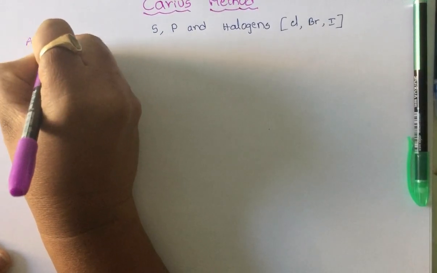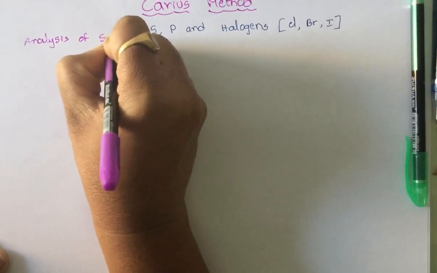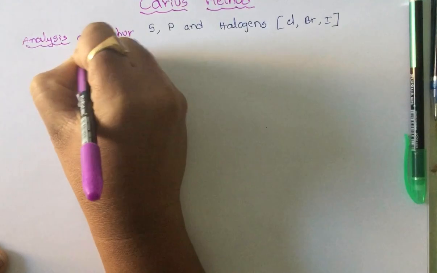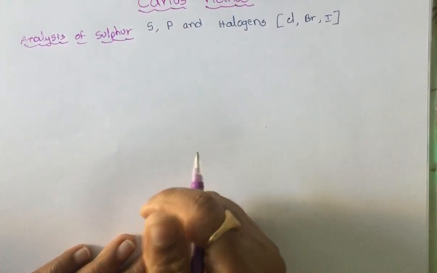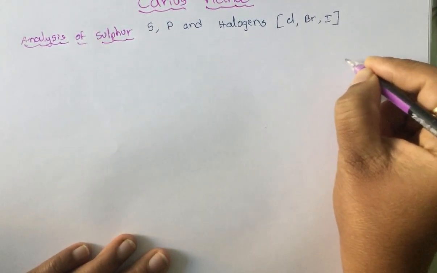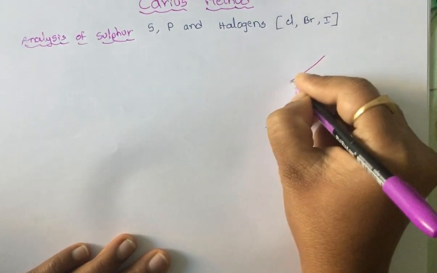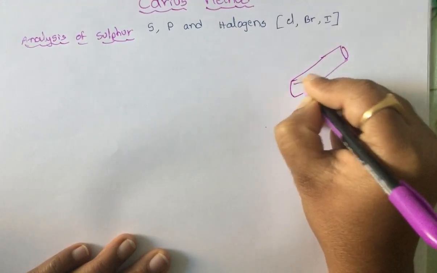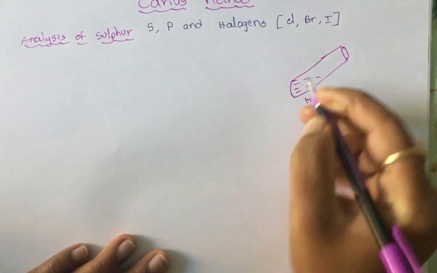Analysis of sulfur. Quantitative analysis of sulfur using Carius method. In this method, we take an organic compound which is having sulfur and it is treated with fuming nitric acid, and it is having fuming nitric acid or sodium peroxide in it.